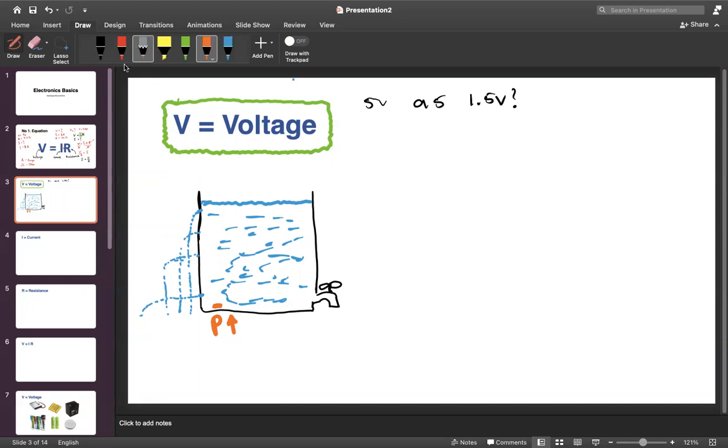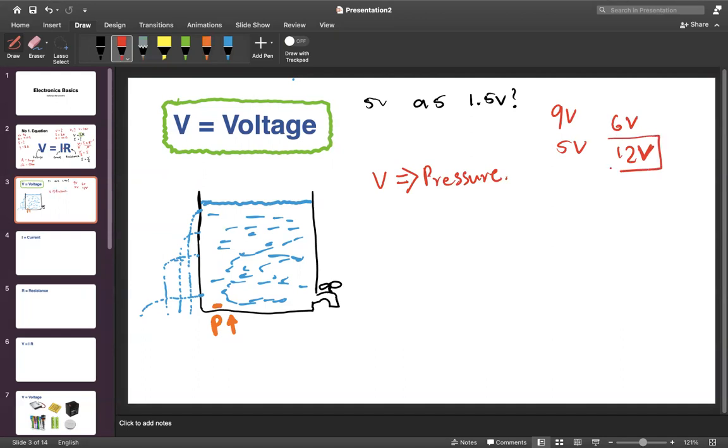So voltage is actually like a pressure. It is not exactly pressure, but it is like pressure. So all of these 9 volts or 5 volts or 6 volts or 12 volts, what does this mean? This means the pressure.